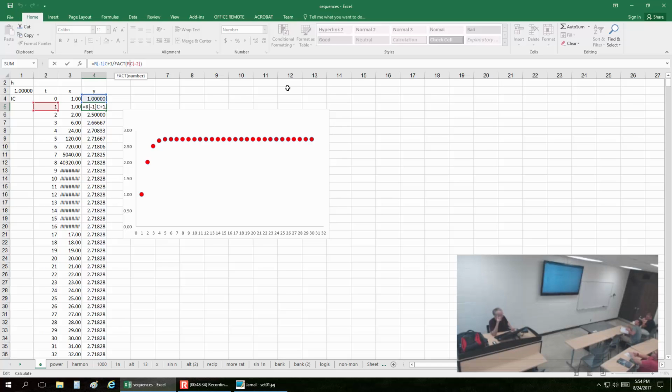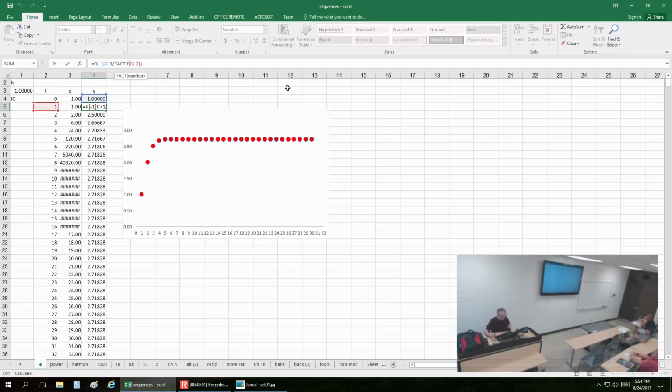The previous term of the sequence, and we add a new number. And that new number is, you see what it is? 1 over FACT, which stands for factorial. Do you know what factorial is?